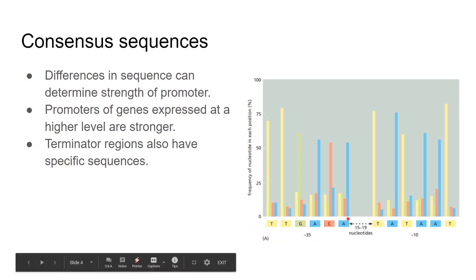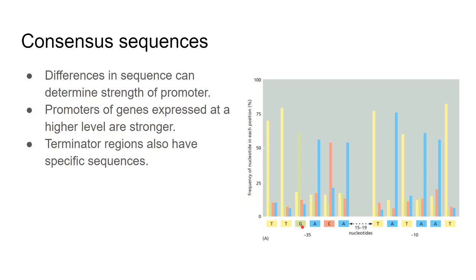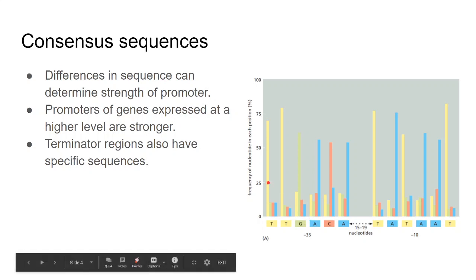TTGACA is the consensus sequence at minus 35, and TATAAT is the consensus sequence at minus 10 site. The consensus sequence is decided based on which nucleotide is found at those regions to the greatest extent. So the yellow indicates T.